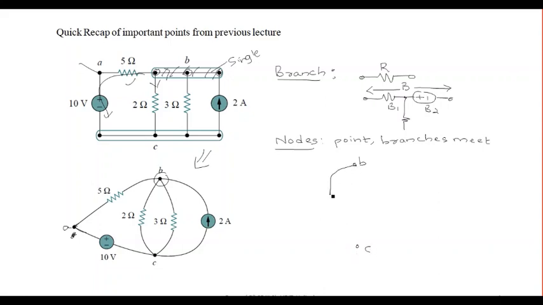In between them we have a 2 ohm resistor and a 3 ohm resistor, and this 5 ohm and this voltage source I can club together: 5 ohms and 10 volt source, and this current source. So these are the different ways of representing these things. And now if you come to the loops, let me clear these things.